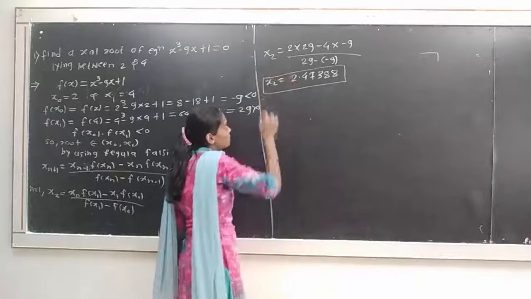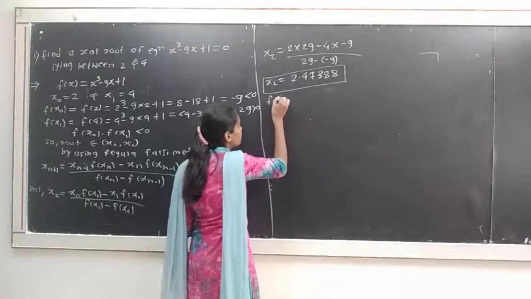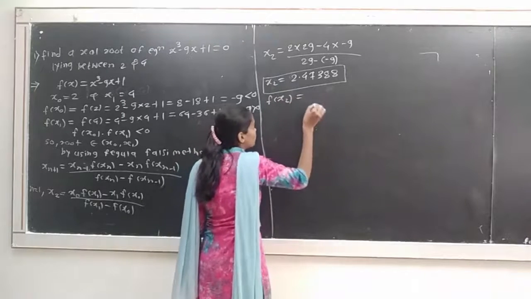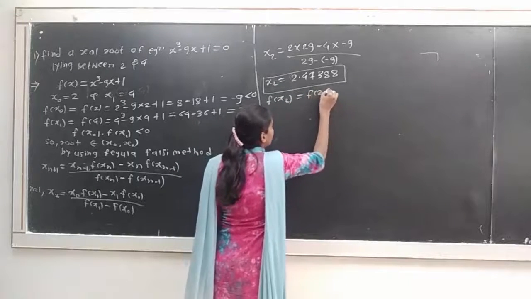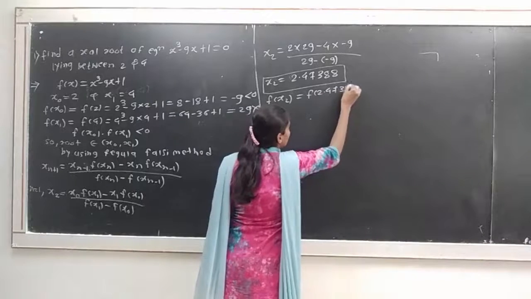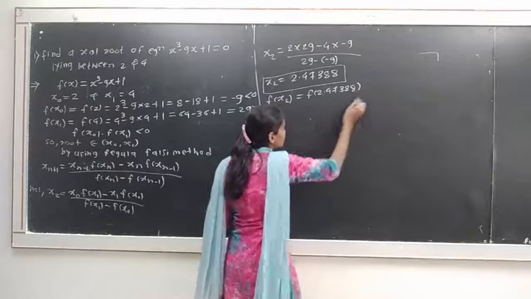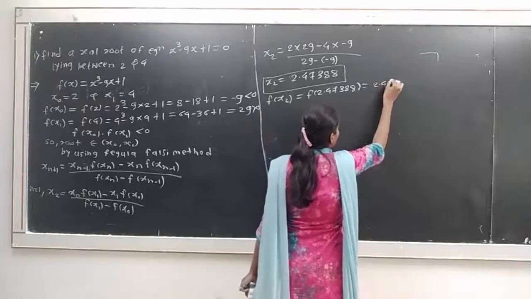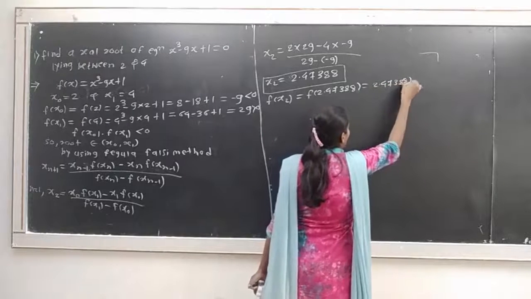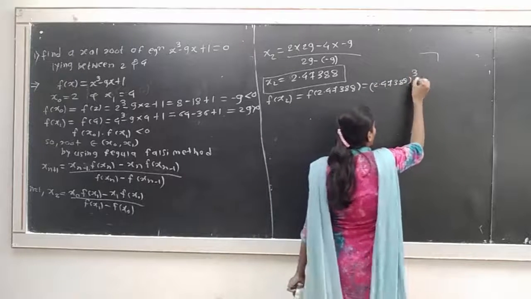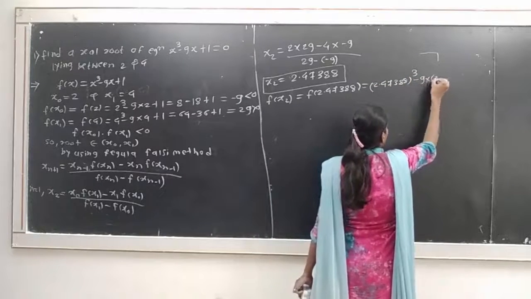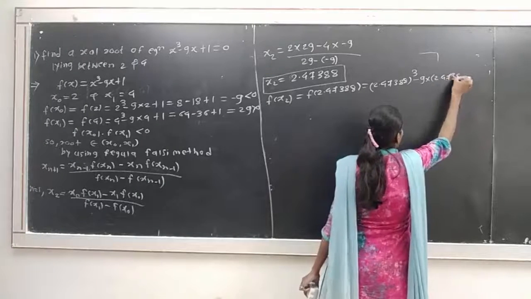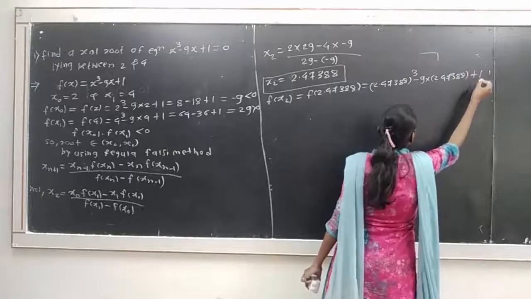Then we find the value of f of x2, that is f of 2.47388 is equal to 2.47388 bracket cube minus 9 into 2.47388 plus 1.